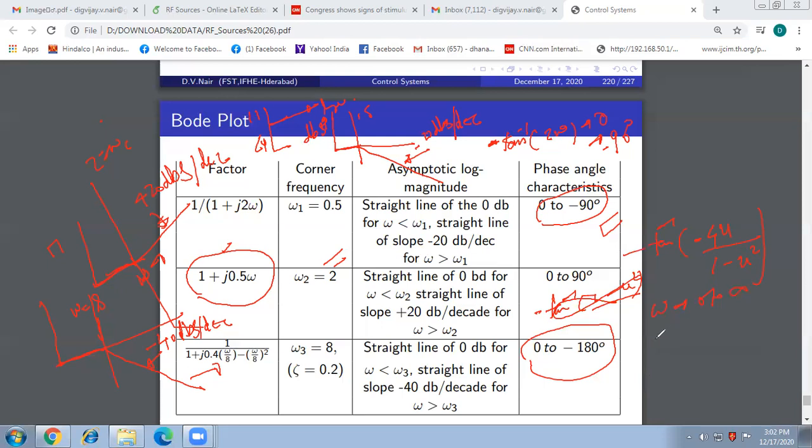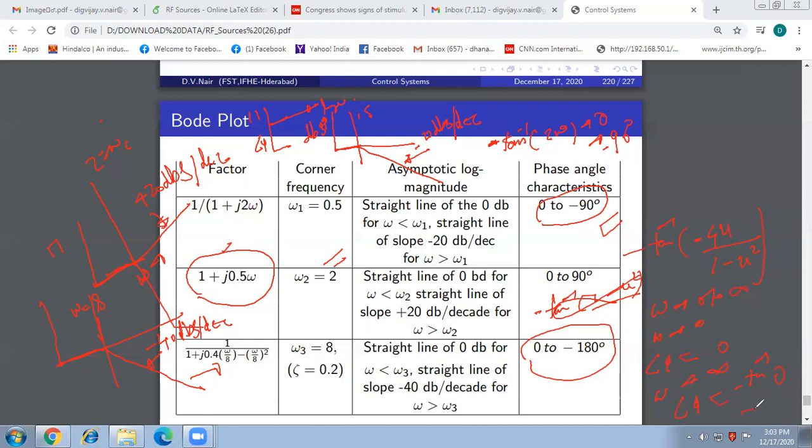So here you can see when omega tends to 0, the phase angle phi will be given as 0, since 0 upon anything will be 0. As omega tends to infinity, the phase angle phi will be given by minus tan inverse of what? Here again it is 1 by infinity, so tan inverse of 0. 1 by infinity will be 0.